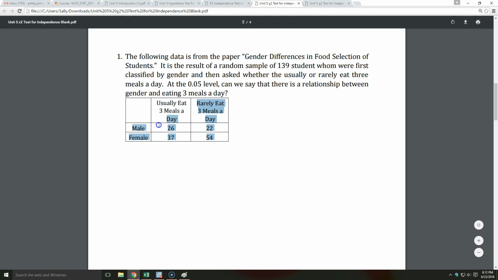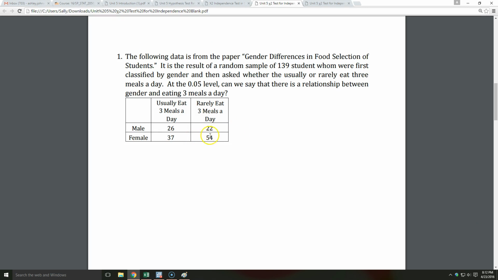So first of all, because this is only 2 by 2, we could actually do a 2 population proportion test on this data. But we would end up with a similar solution just expressed in a different way. So this table is called a contingency table because it has whether or not they eat 3 meals a day or they rarely eat 3 meals a day contingent on their gender.